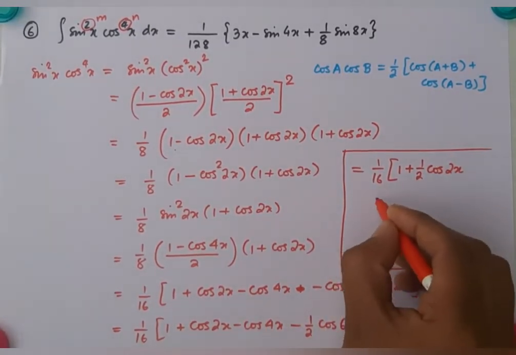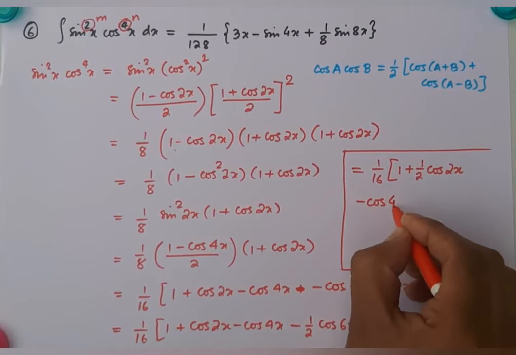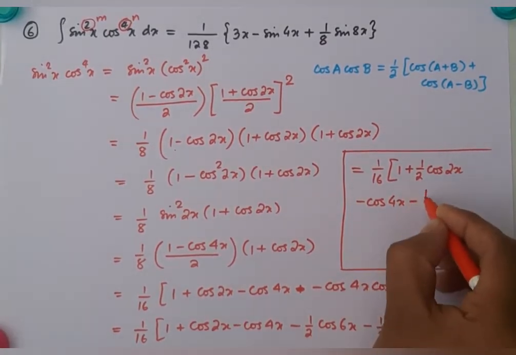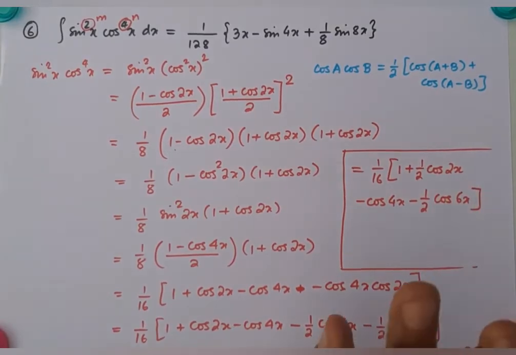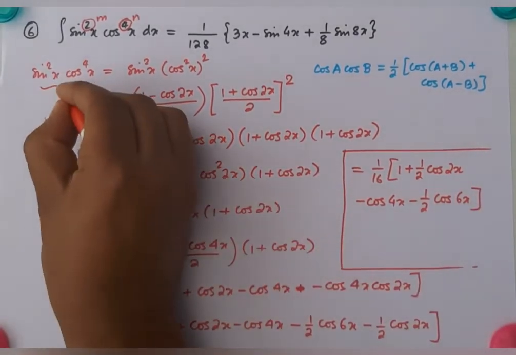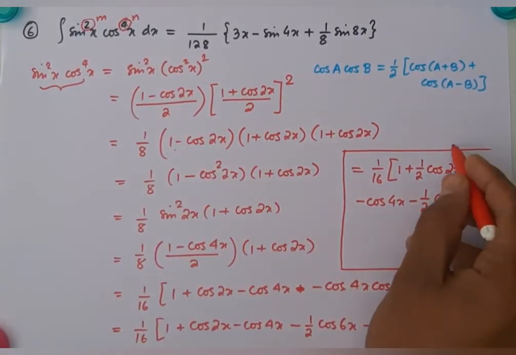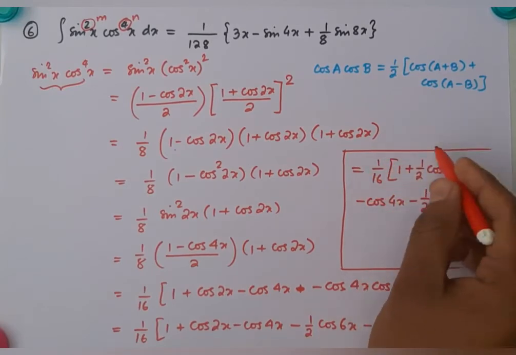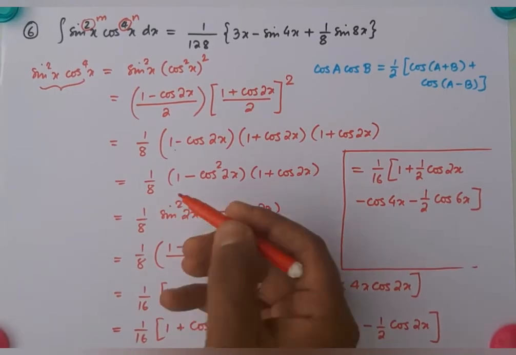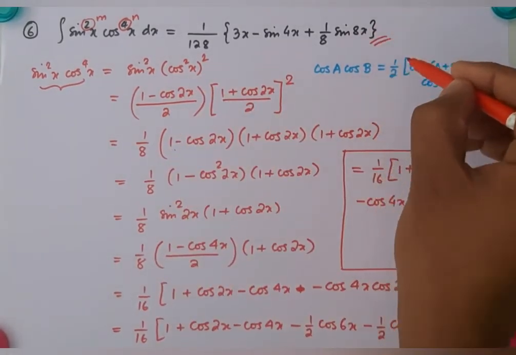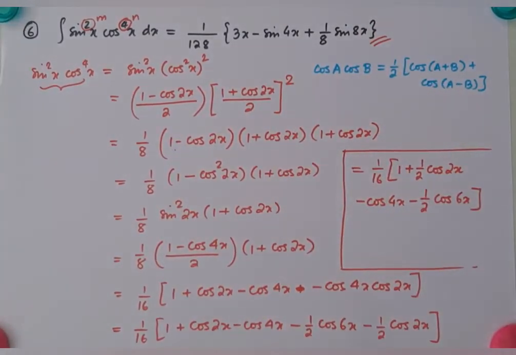We have minus cos 4x minus half cos 6x. Okay, so I have done my part. I have expressed this integrand as multiple angles. Now your job is to apply the integral and arrive at the answer. So you may pause the video and note it down.